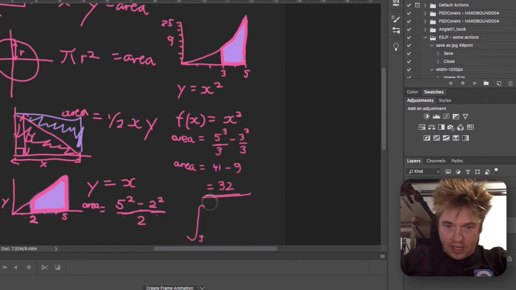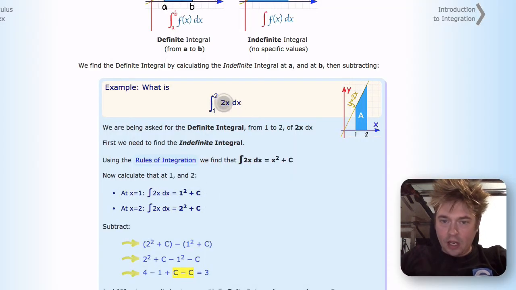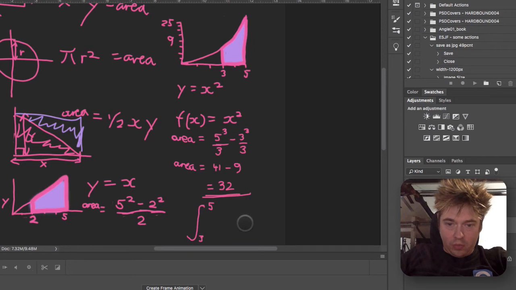We've got our 3 there, we've got our 5 there, and then they've said, so this is for 2x, y is equal to 2x, so that's with a gradient of 2 underneath, and then dx at the end. And we'll come on to why it's dx at the end. Don't worry about why it's dx yet. We'll do that in a later video.